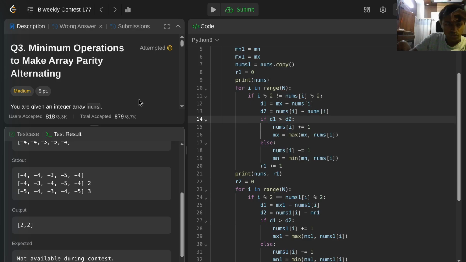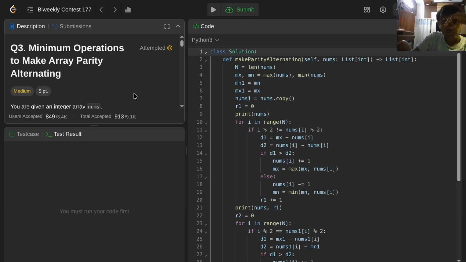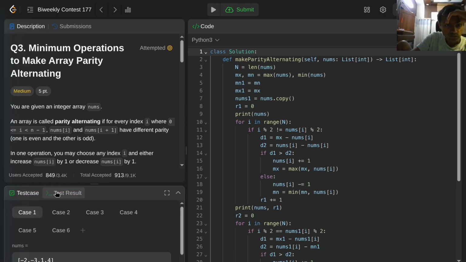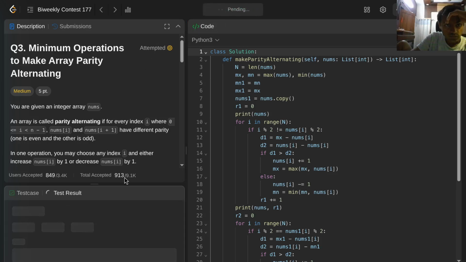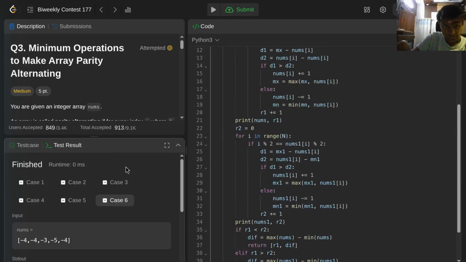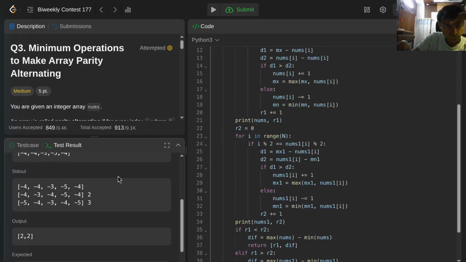Array parity alternate. Okay, it's not an easy problem whatsoever. Let us think this through.